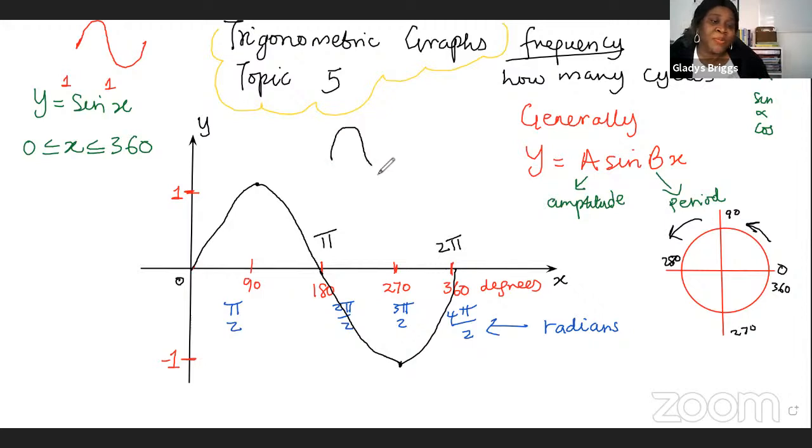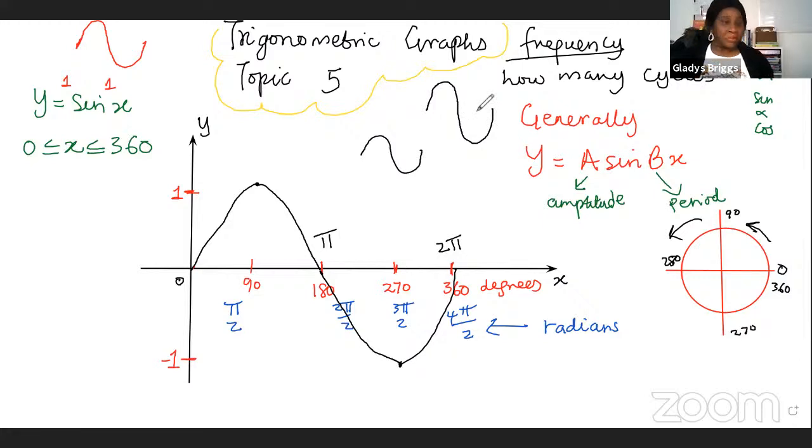It's like an upside down S. Think of it as an S that is flipped, or think of it as a hill that goes down and back up. I want you to sketch that and send it to me in your books.